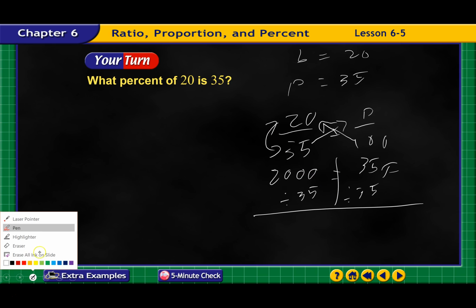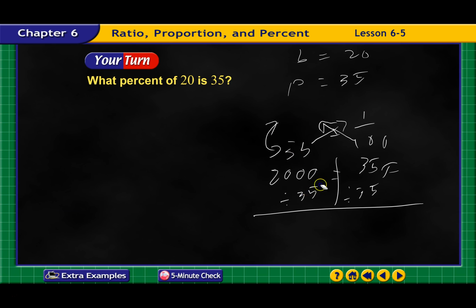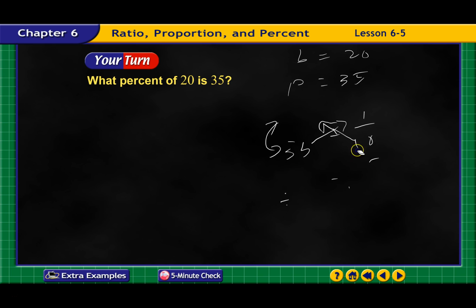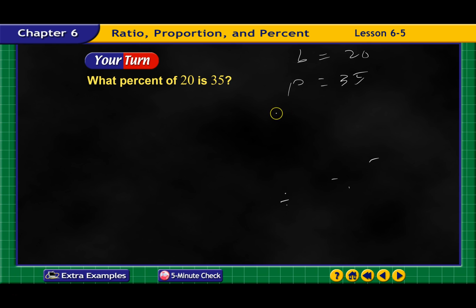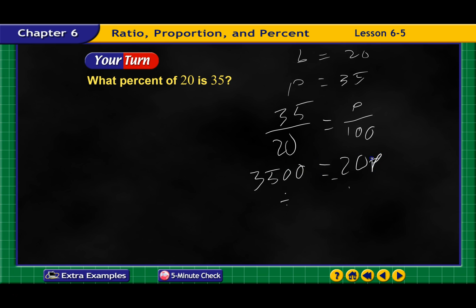Let's grab the eraser. All right, let's try that again. So that would be 35 over 20 equals P over 100. 3500 equals 20P.